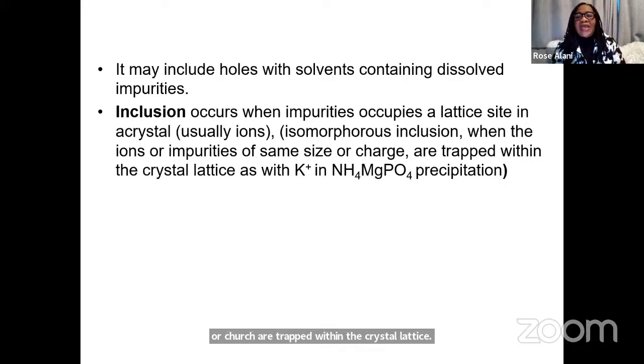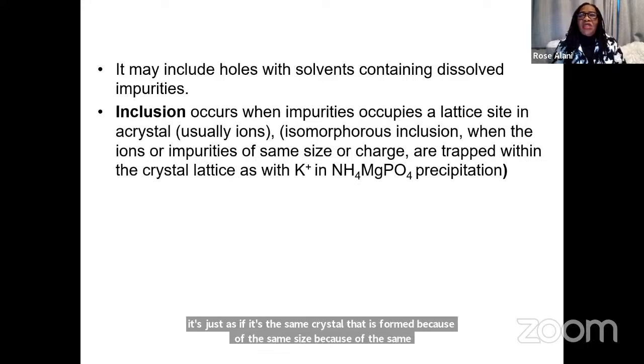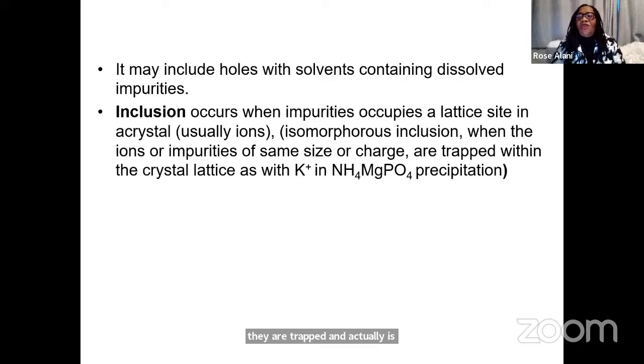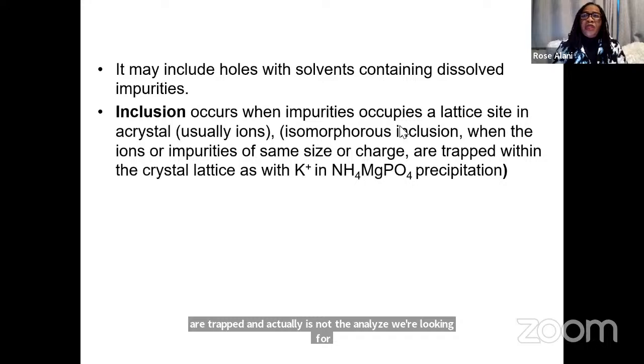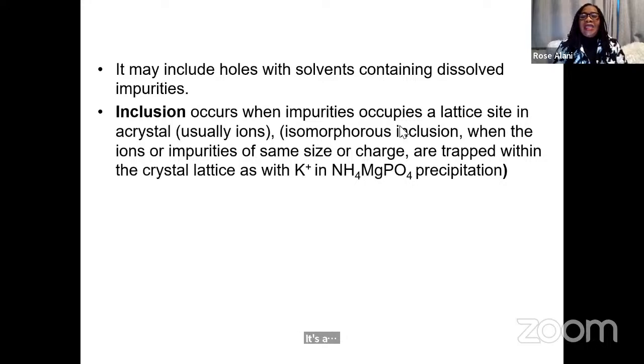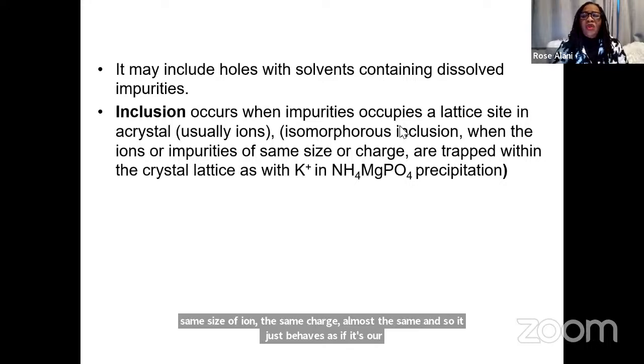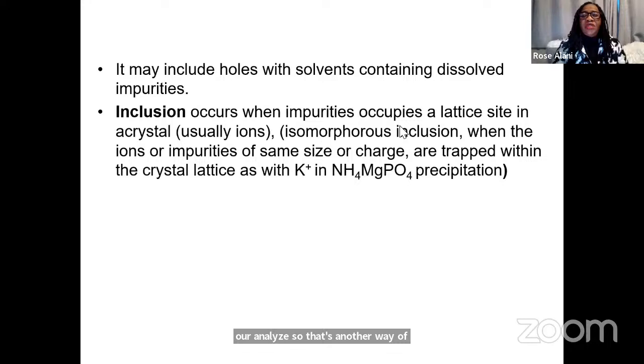Because of the same size, because of the same charge, they are trapped, and actually it is not the analyte we're looking for. It's the impurity, because it has the same size of ion, almost the same charge, and so it just behaves as if it's our analyte. So that's another way of co-precipitation, which is called inclusion.